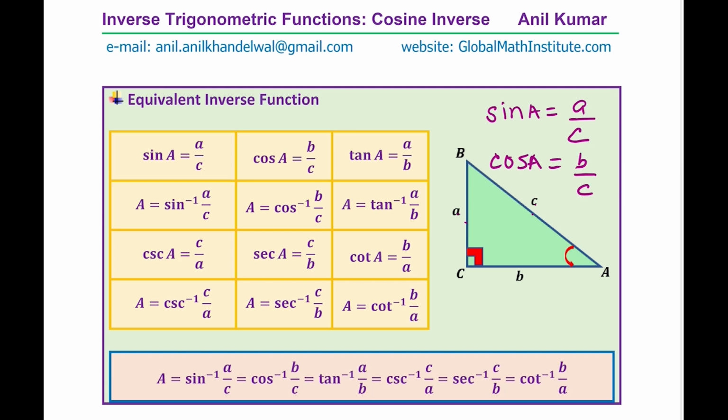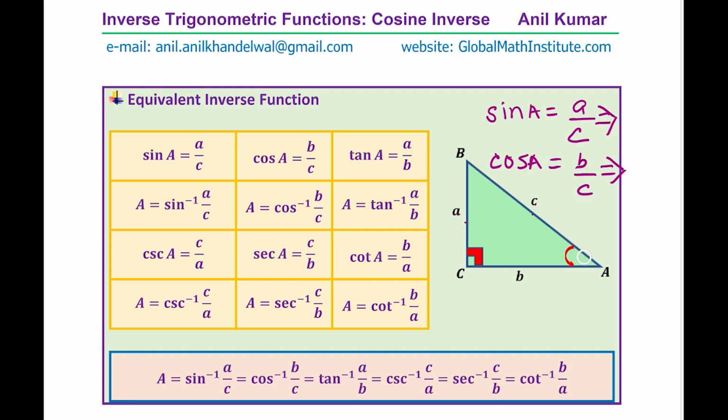What does that indicate? Well, if you write in the inverse terms, from here we are trying to say what? And from here, what are we trying to say? We are saying what A is. A is sine inverse of a over c, and A is also cos inverse of b over c.